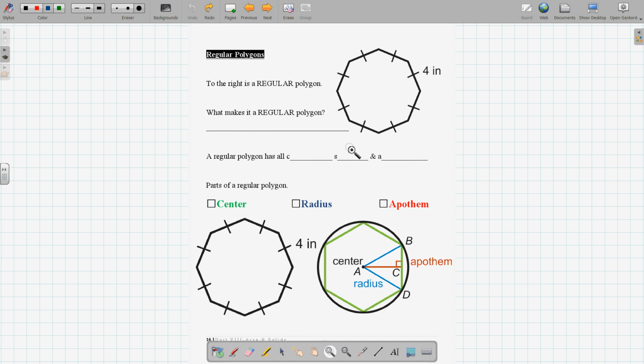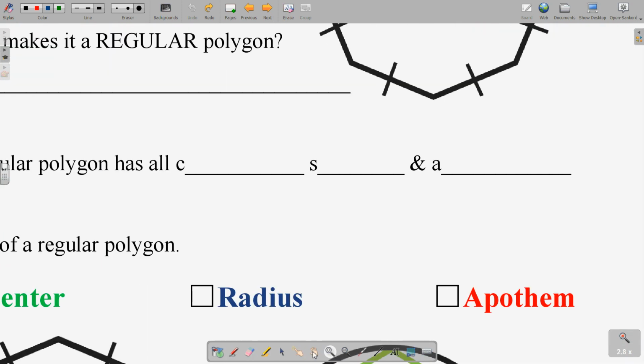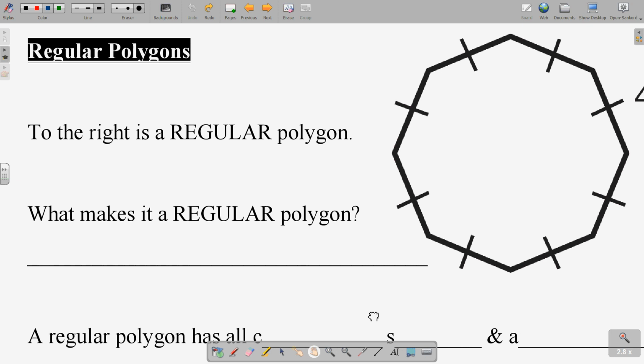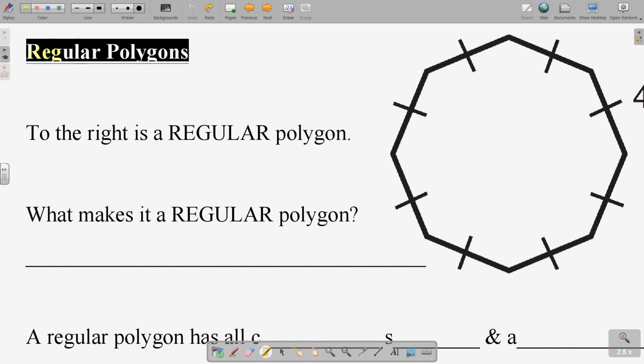Now, we're going to work specifically with what's called regular polygons. This is a regular polygon. I'd like you to write out what makes it a regular polygon. Fill that blank by yourself.